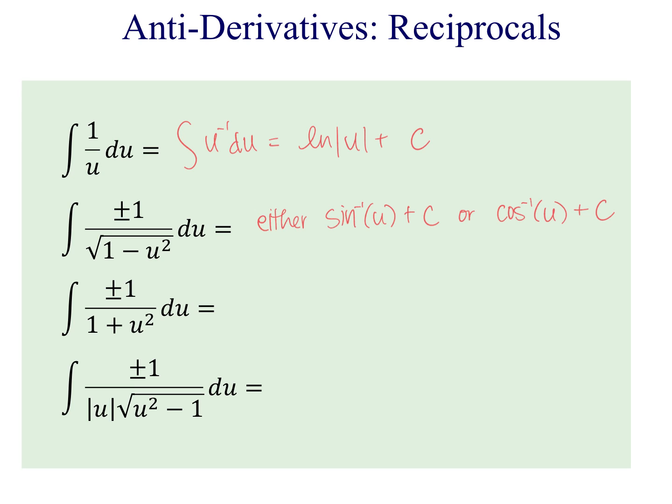What about the next one? Inverse, right? It's either tan inverse of u plus c or cotangent inverse of u plus c, depending on, again, if it's plus or minus. Which means the last one is your secant inverse or cosecant inverse.